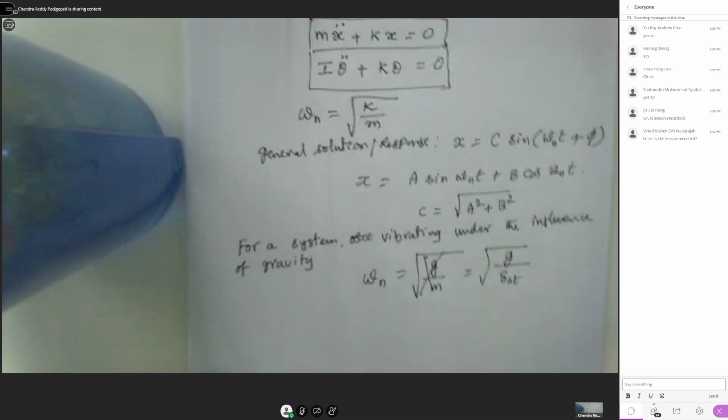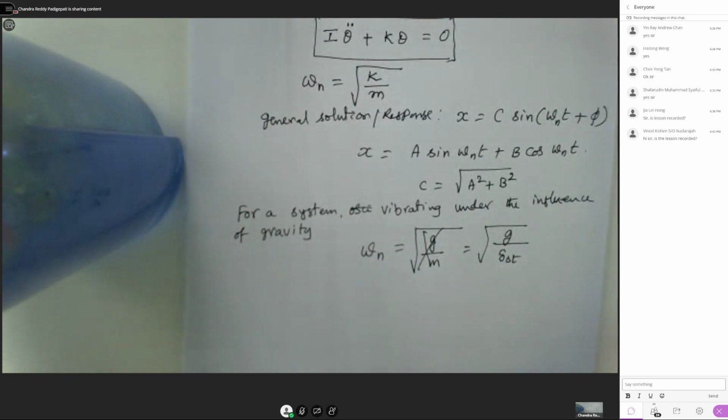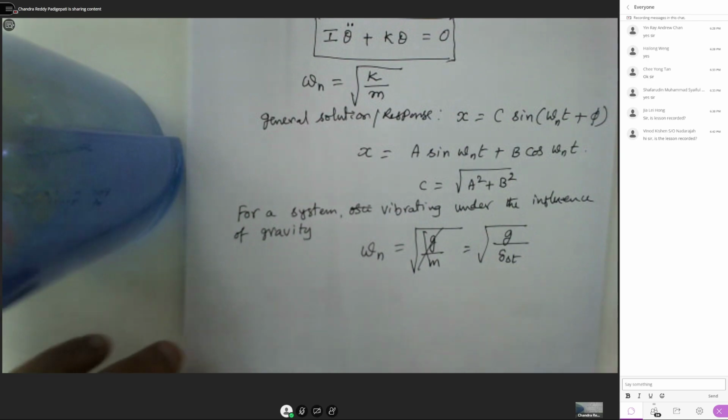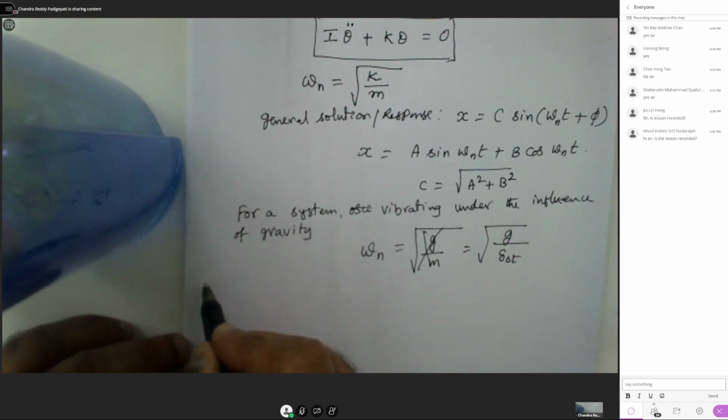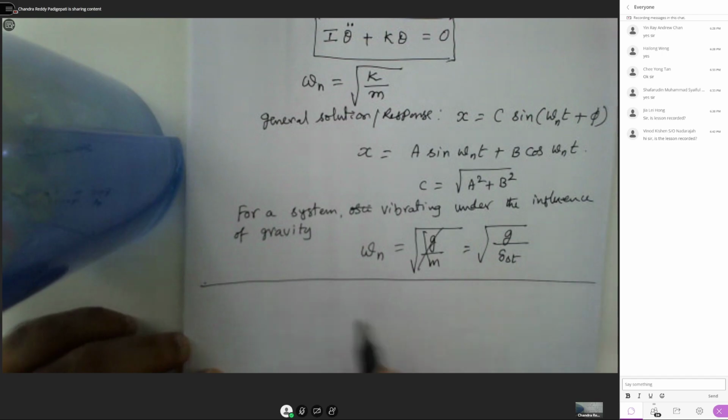So g over static deflection. All right, so this is for a free undamped vibration.